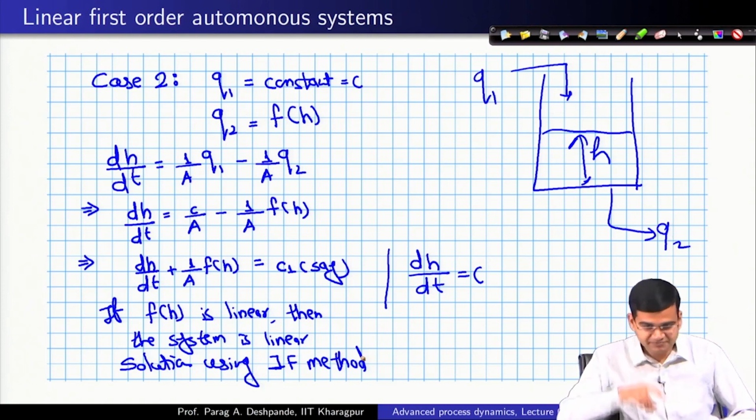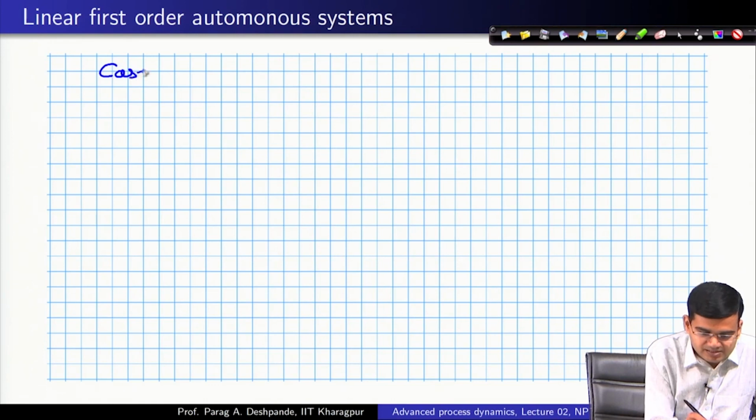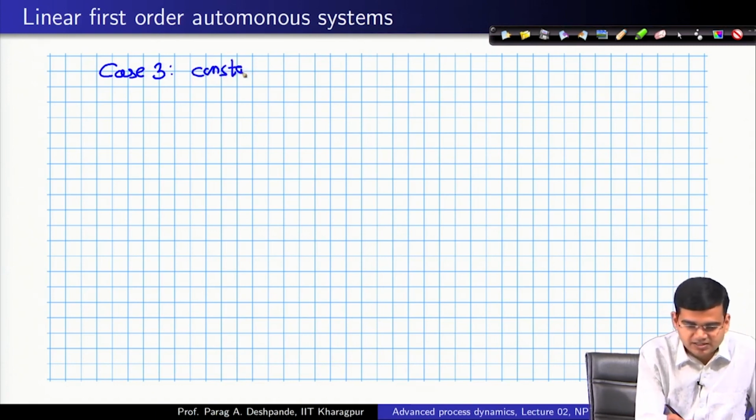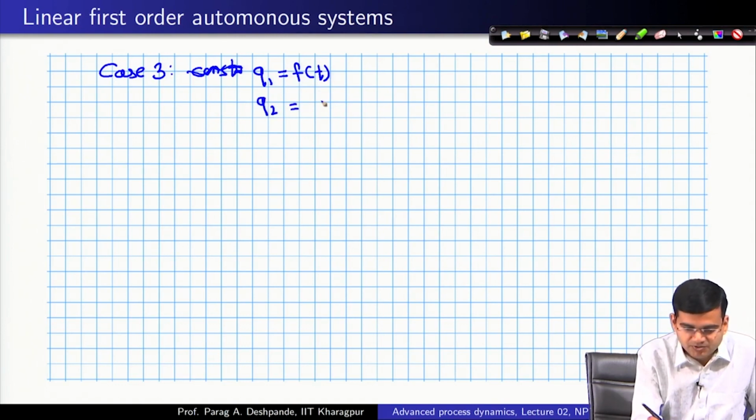The next case is case 3, in this case you have input Q1 which is a function of time, okay, and output Q2 is some other function of h.